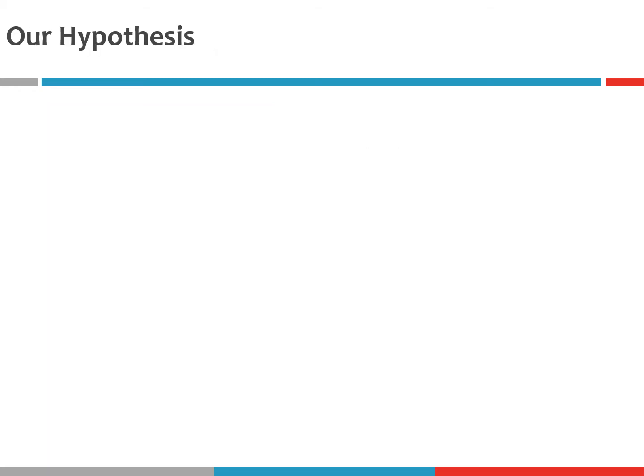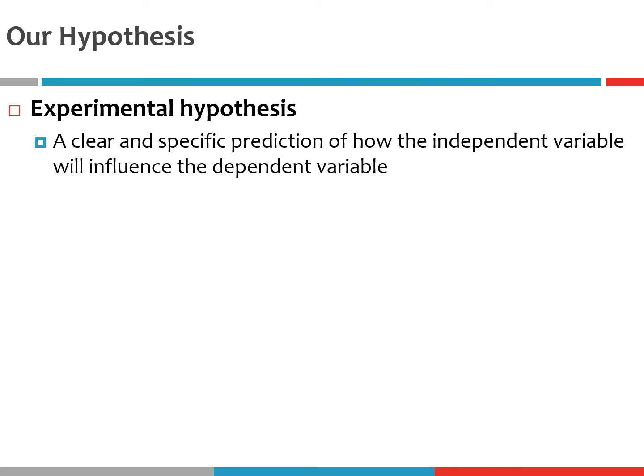So now that we know how to measure the dependent variable, we're going to formulate our hypotheses. Our experimental hypothesis is what we want to happen. This is our goal of the research. It's a clear and specific prediction of how the independent variable will influence the dependent variable, and is generally what you believe is going to happen.